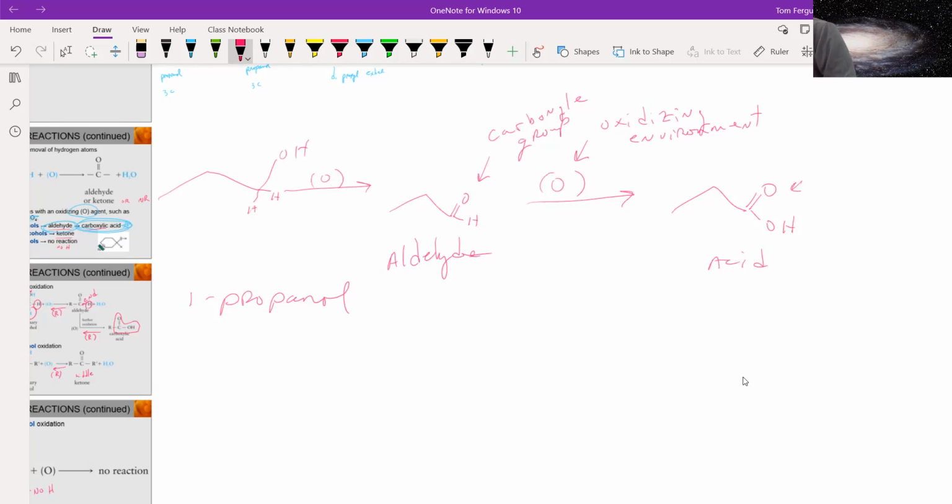The acid has got a carbonyl group plus an OH for the organic acid. Now that's unit 3. We do a lot of stuff with acids, and we get into lipids.